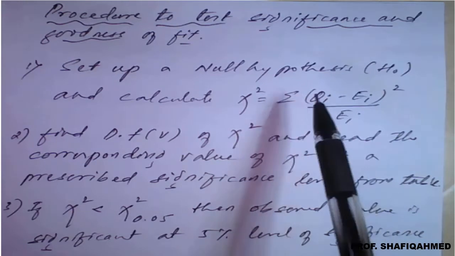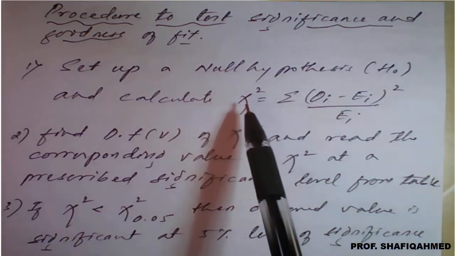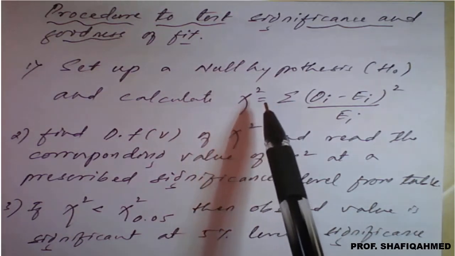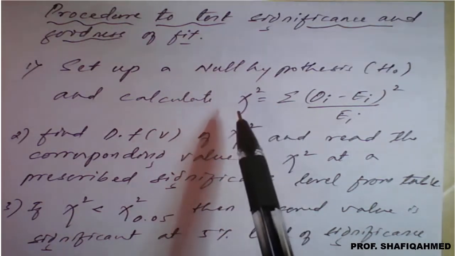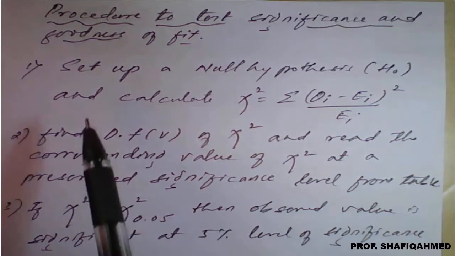If it is a binomial distribution, we'll say that the given data is a fit for binomial; if it is a Poisson distribution, we'll say that the given data is a fit for Poisson distribution. If the answer is coming less than the table value, then our hypothesis is accepted. If the answer is greater than that table value, then the hypothesis is rejected. So this is the first point.